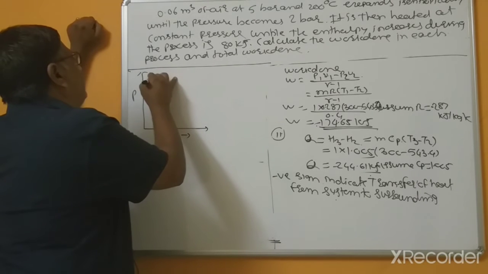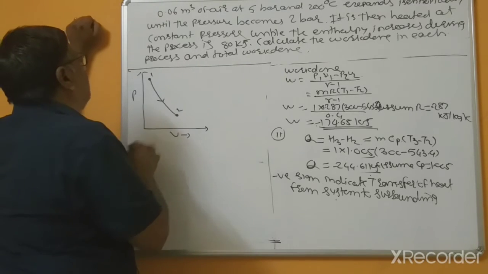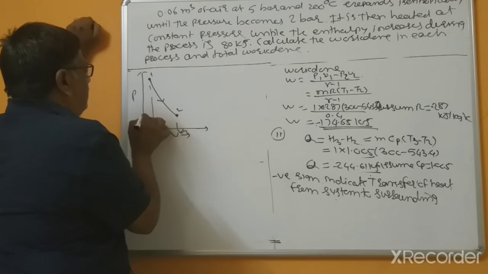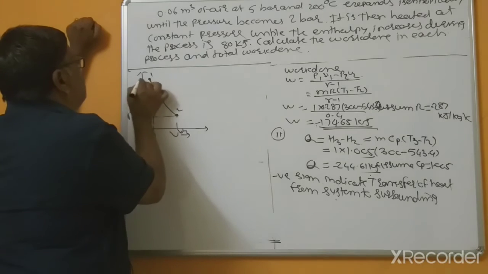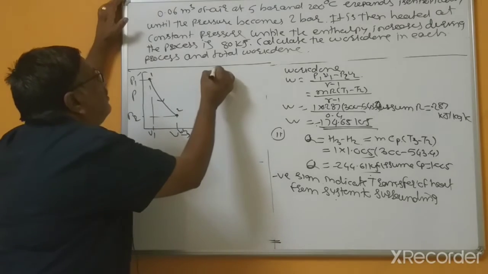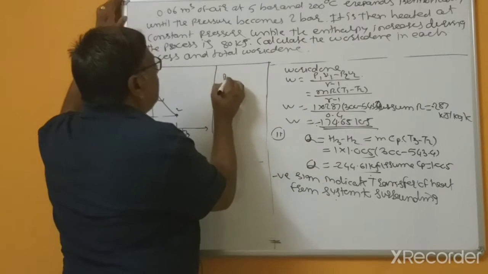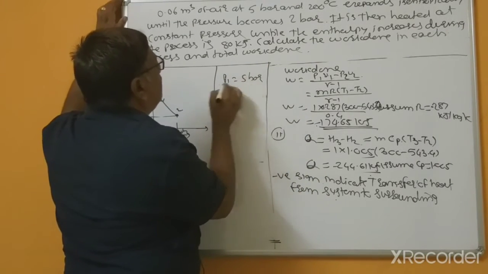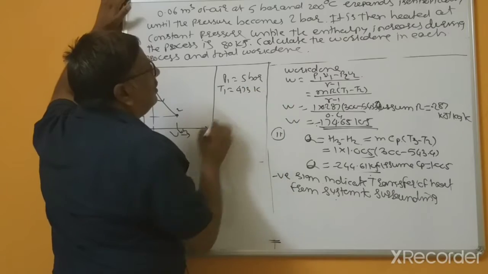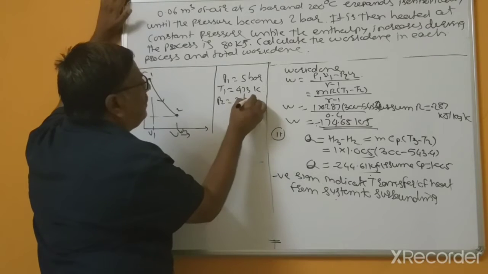Assume this is process first, expand, and this is second, and this is V1, and this is V2, this is P2, and this is P1. Becomes 2 bar. P1 equal to 5 bar, T1 equal to, directly I am writing, 473 Kelvin, until the pressure P2 equal to 2 bar.